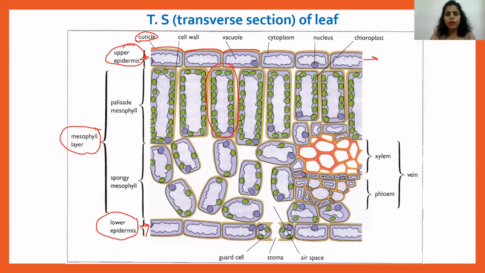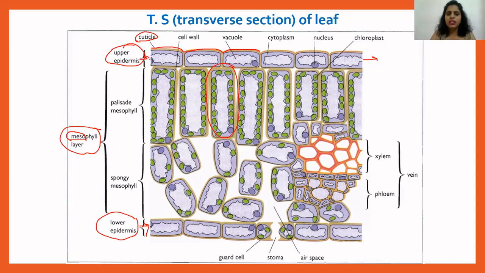The meaning of the word meso is present in between or present in the middle. So the meaning of mesophyll cells is cells present in between the upper epidermis and lower epidermis.